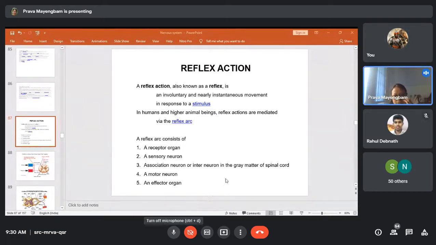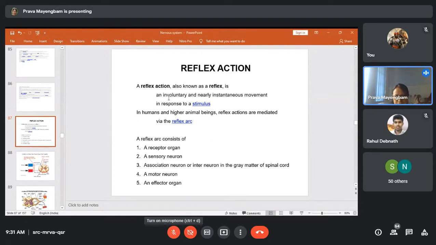Response to a stimulus. Yes, it is the response to a stimulus. So this reflex, simply we say that it is involuntary and almost instantaneous.